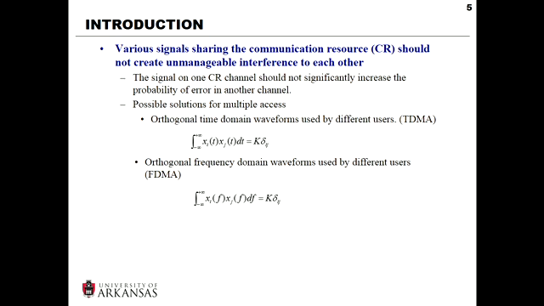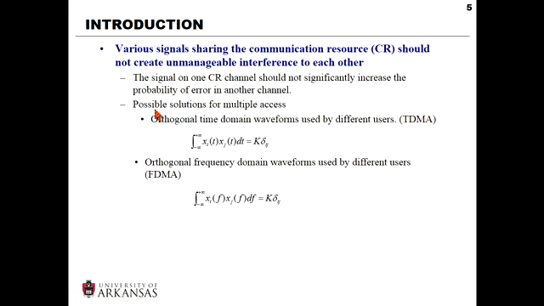Up to now, most of the multiple access techniques are called orthogonal multiple access. Orthogonal multiple access means there is an orthogonality between the resources of two different users. Various signals sharing the communication resource should not create unmanageable interference to each other, which means the signal on one channel should not significantly increase the probability of error in another channel.